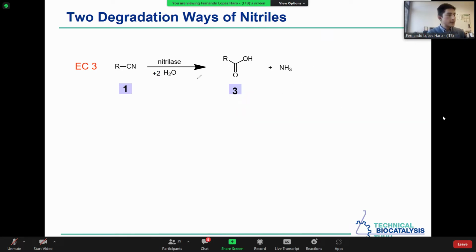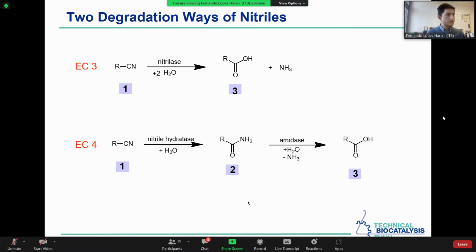We can erase this, and now we have another enzyme, which is called a nitrile hydratase. Now, nitrile hydratase also acts on nitriles, but in this case, instead of going all the way to the oxidized carboxylic acid, it can catalyze that intermediate step by only adding water to the substrate.